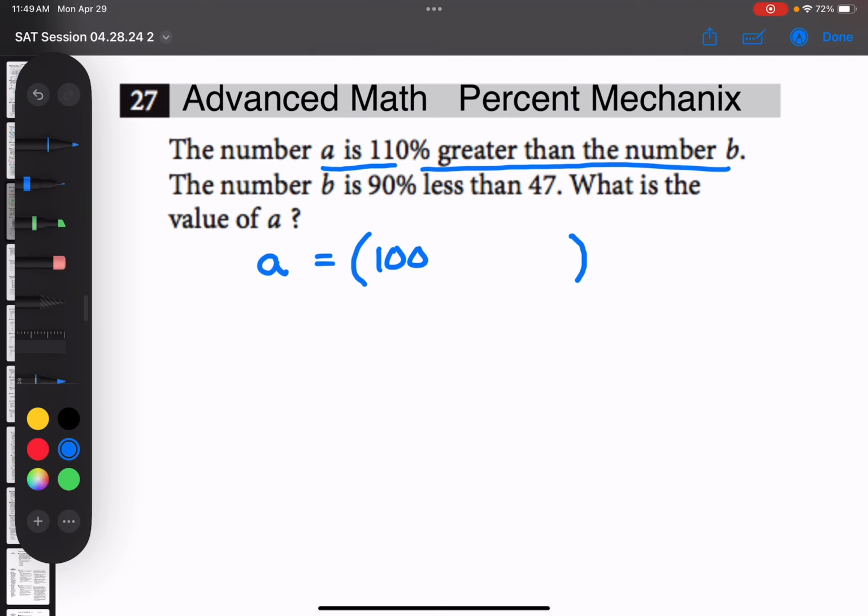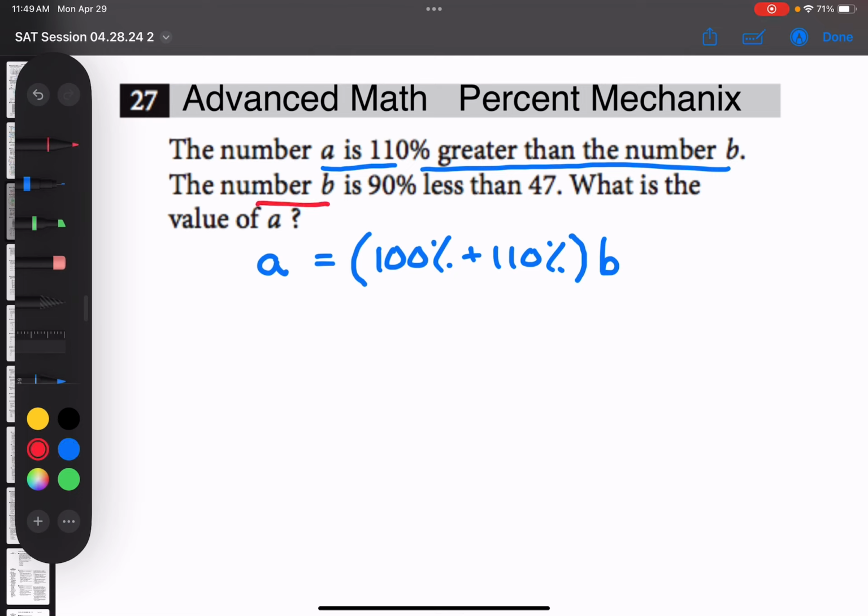Check this out. 100% plus 110%, then the number B. So A is 110% greater than the number B. Got it?